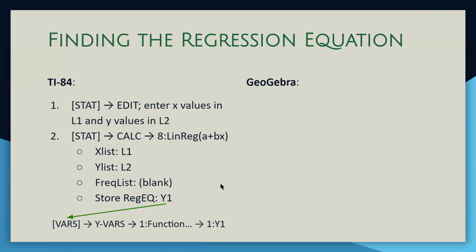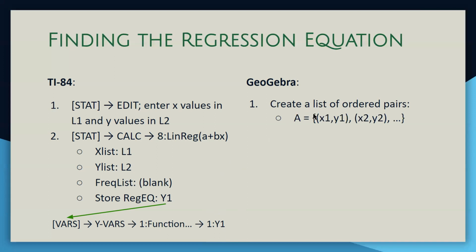GeoGebra is a little bit nicer in that it automatically stores the equation it produces, so a little bit less work. You do need to enter your data in GeoGebra, just like the calculator, but you need to create a list of ordered pairs. So it doesn't want the X and Y separately, it wants each point.